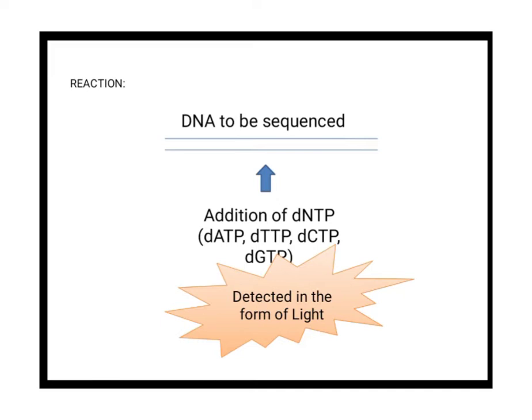These can be dATP, dTTP, dCTP or dGTP. They stand for adenine, thymine, cytosine and guanine. After addition of these dNTPs to the template, there will be emission of light which will be detected by the detector. This is just the basic idea of pyrosequencing.